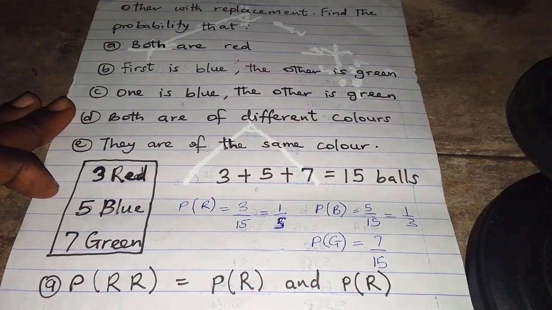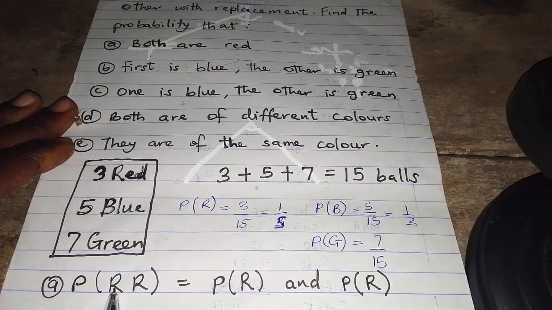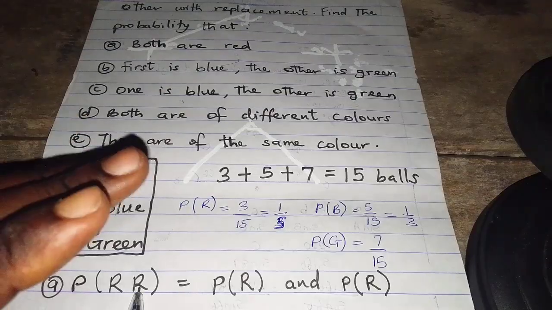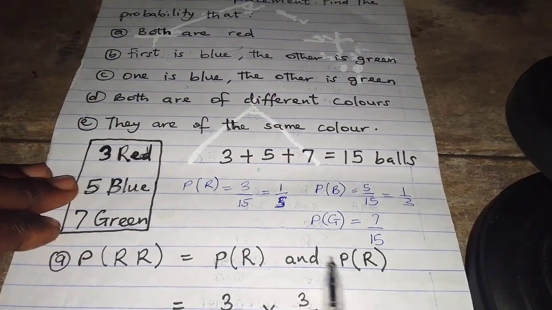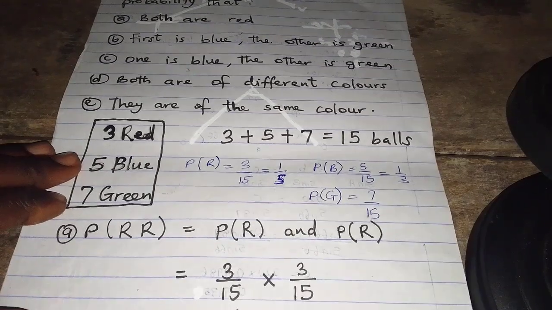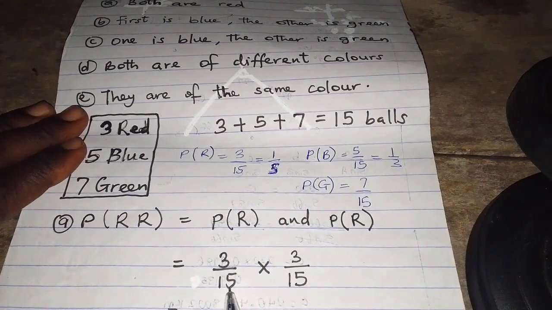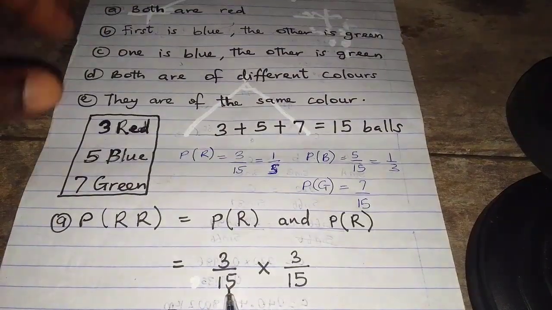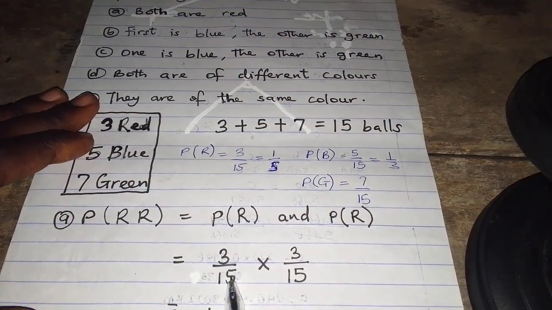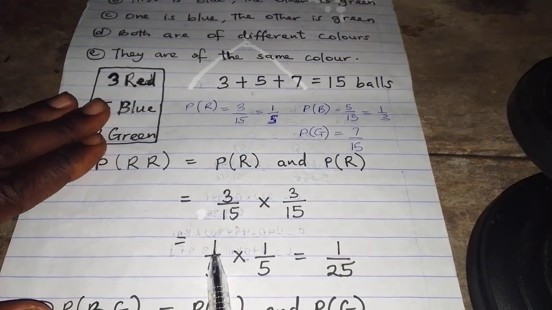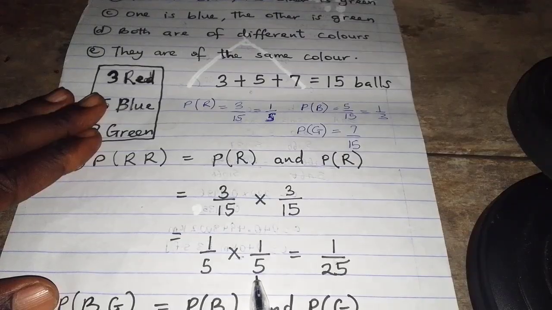We want to look at the probability of both of them being red. So the probability of the first one being red and the second one being red. The probability of the first one being red is 3 over 15. The probability of the second one being red is also 3 over 15. So 3 over 15 to the lowest term is 1 over 5, and the probability of the second one is also 1 over 5.